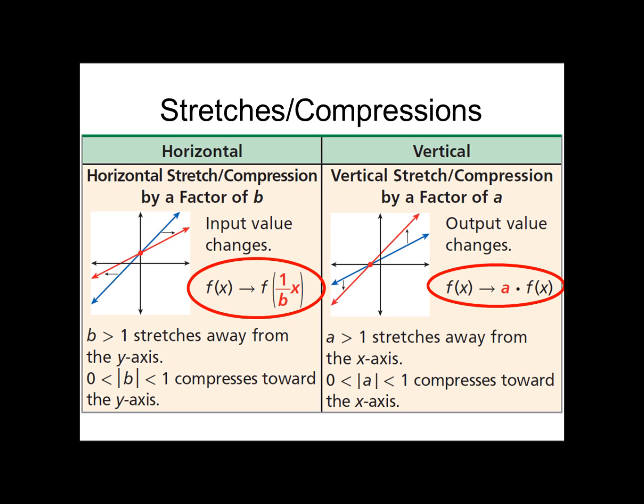Another way to think about it is when we multiply inside, it compresses it. When we divide inside, or when we multiply by a number that's smaller than 1, that stretches it out. I think it'll get clear as we go through some examples.